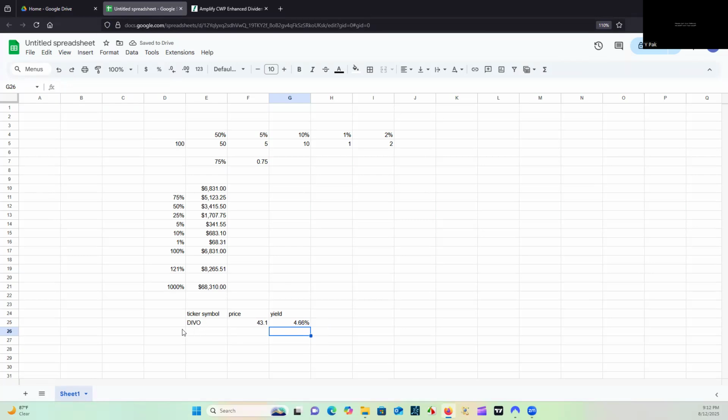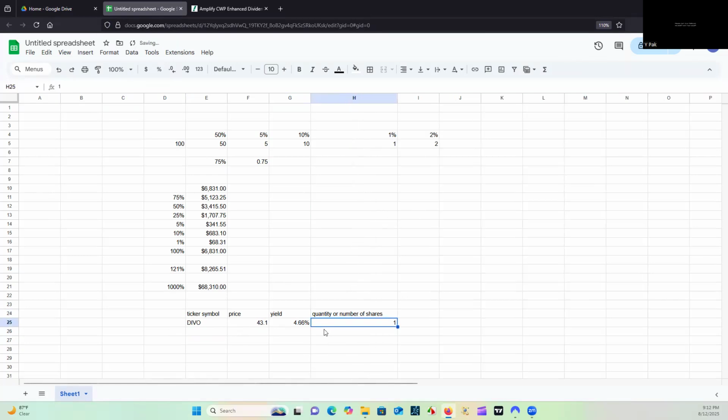Okay. Now let's say, for example, you bought one share. So quantity or number of shares, same thing. If you buy one share, how much does it cost you?